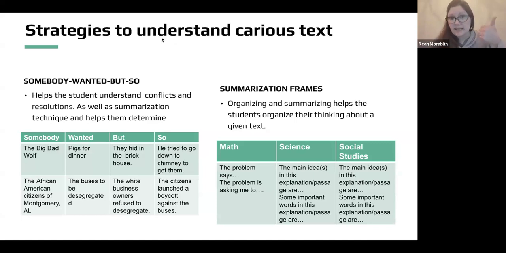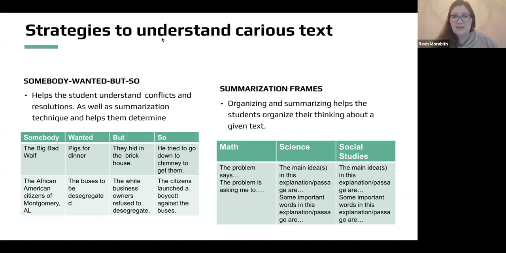So identifying somebody, who's the person, who's the main character, what did they want, but this happened, and then what's the solution? And it organizes the information, and then they can take that information and in their own words write a summary. And you can do this for many kinds of summarization frames for all content areas. So for math, you can give them the frame of the problem says, or the problem is asking me to do this.